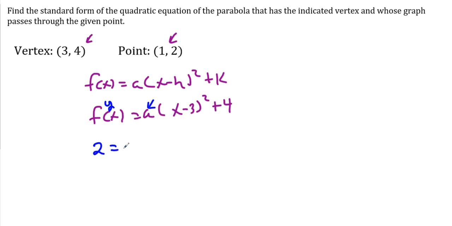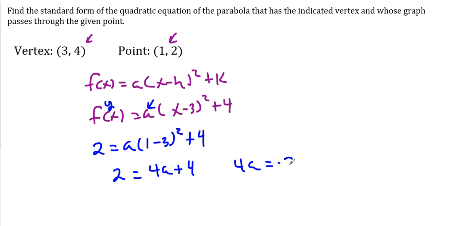So I have 2 is equal to a, and in goes a 1, 1 minus 3. And there's my plus 4. And I'm going to solve for a. So that's just going to be negative 2 squared, which is going to be a 4. So I'm going to have 2 is equal to 4a plus 4. I'm going to subtract 4, so I'm going to have 4a is equal to negative 2.